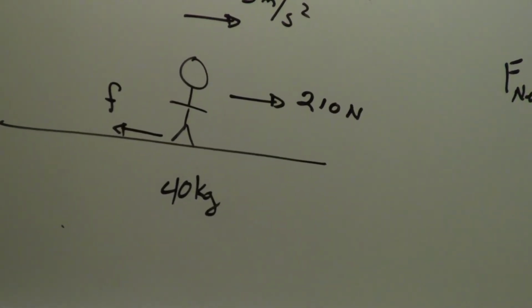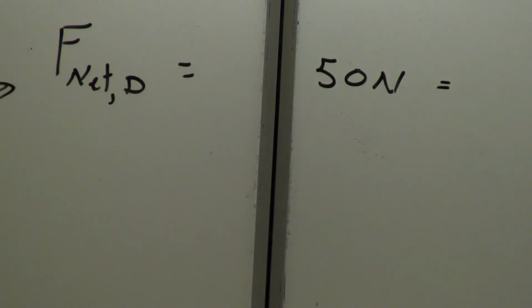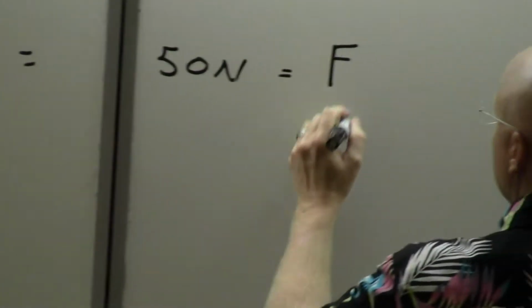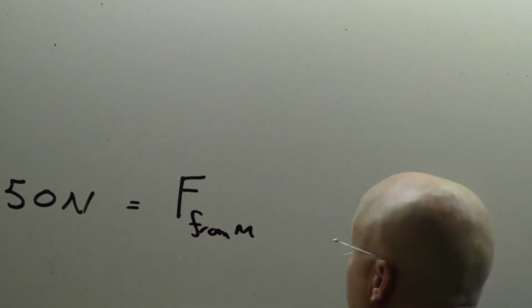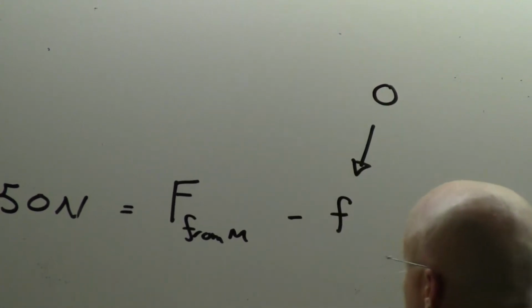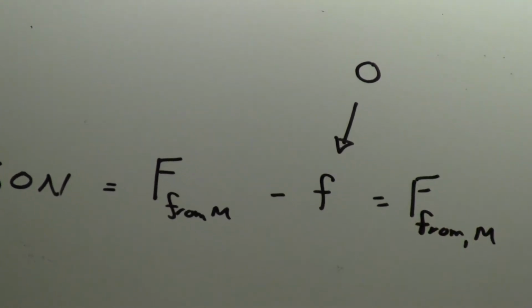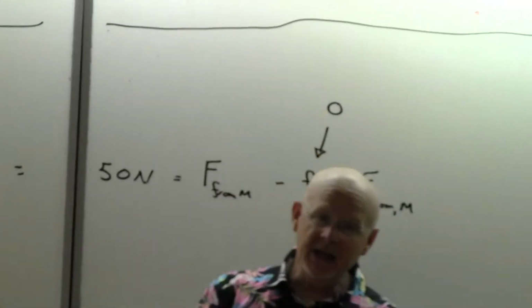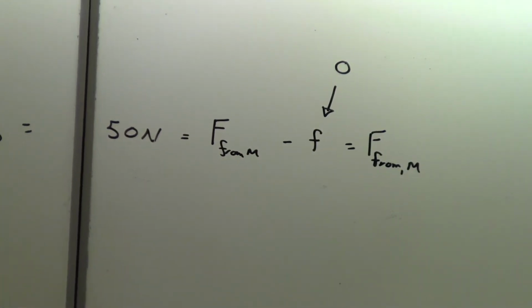So here we have to assume the author is saying that this 50 would be this force from mother minus the friction, but if the friction is equal to 0, I can really say that the net force is the force coming from the mother. Because remember, net force is the combination of all the forces, and if there's only one force, then net force and that force are one and the same.